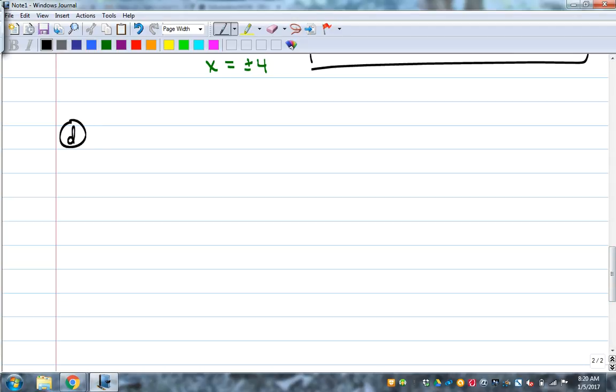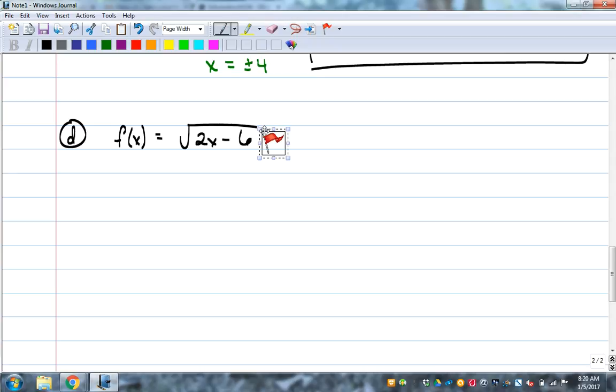All right, let's look at the next. F of x is the square root of 2x minus 6. Red flag. Got a square root in the problem. What kind of numbers can we take the square root of when we're talking about domain?